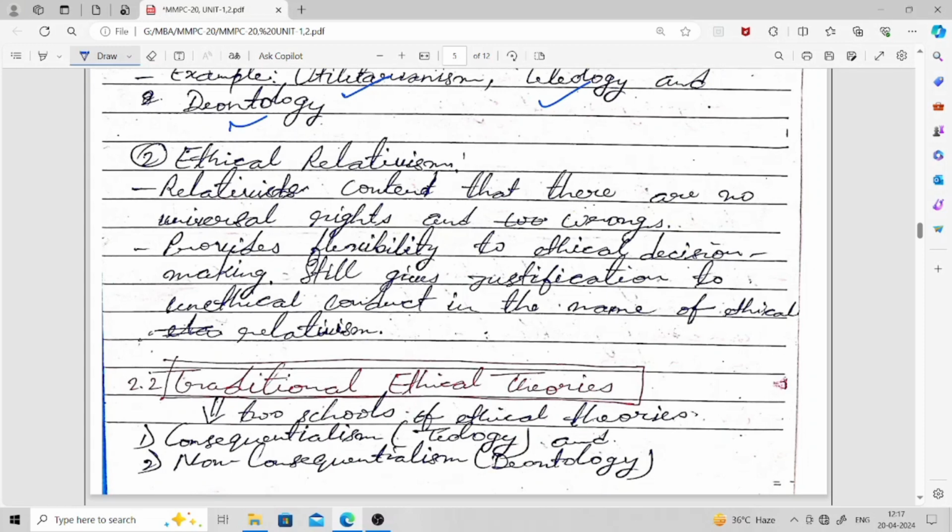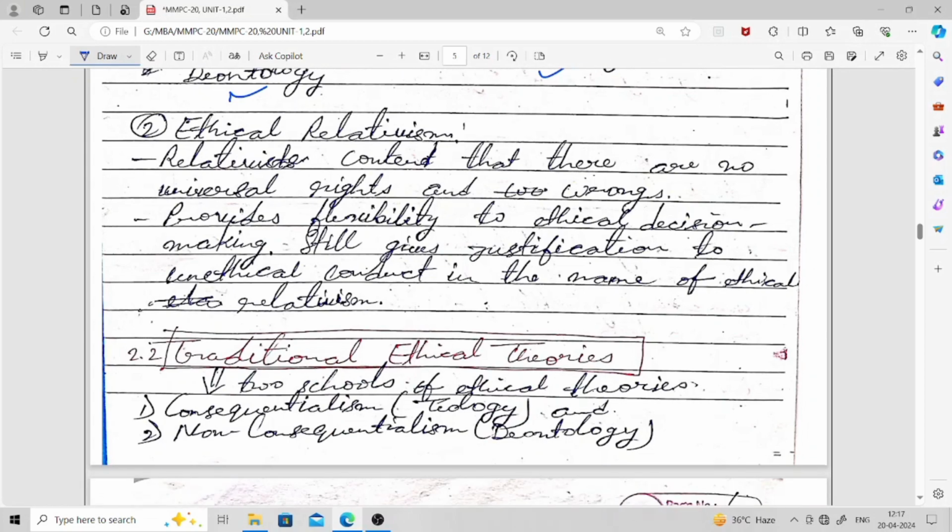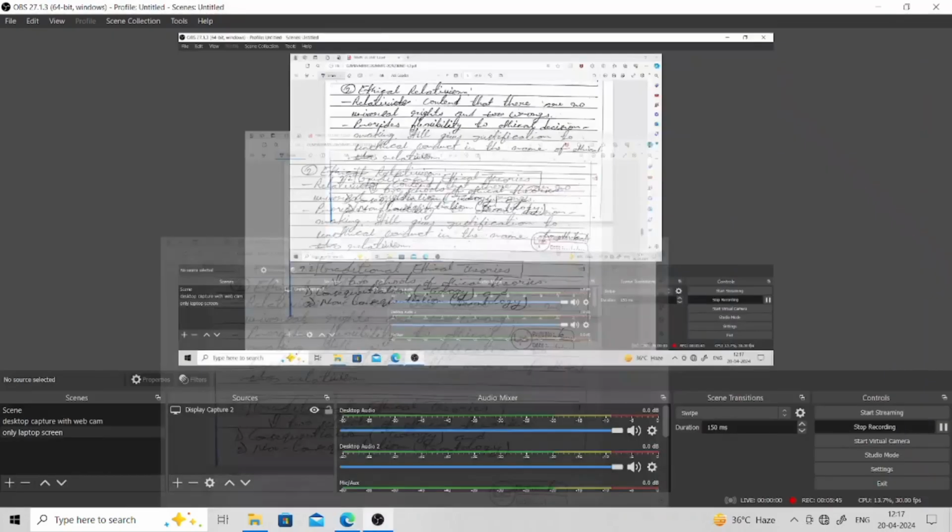Still we cannot say all decisions are right. Here we can compare, and the one which gives more benefits to the people will be more ethical in ethical relativism.